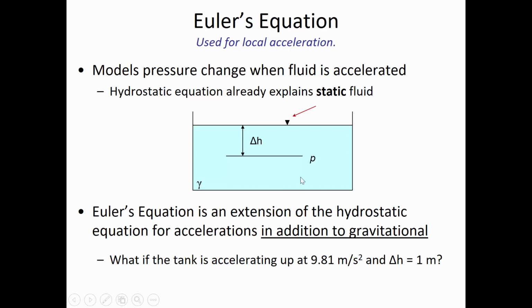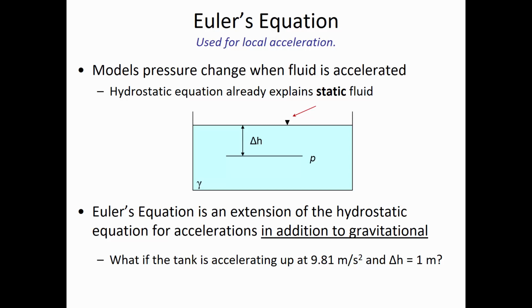So hydrostatic equation, if we had the tank that was just motionless, like if you just had a tank of water sitting there, the way that you predict the pressure 1 meter down into the tank, you just say delta H is 1 meter, gamma is 9810 newtons per meter cubed, and so the delta P for a stationary tank is delta H times gamma, which would be 1 meter times 9810 newtons per meter cubed.